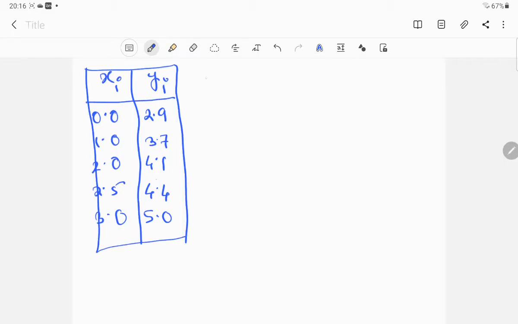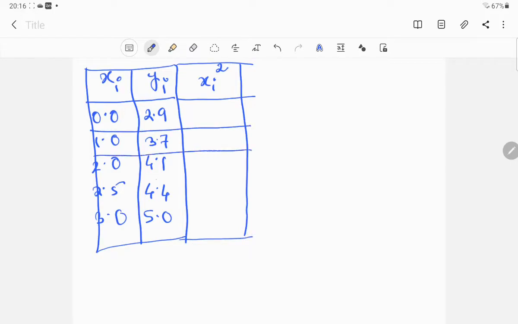From this, first of all you need to find xi square. So xi means this one, and its square is 0.